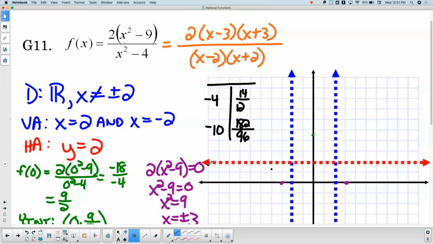Then I got this middle section. -1 first. 1 minus 9 is -8. -8 times 2 is -16. 1 minus 4 is -3. So that's going to be 5 1/3.